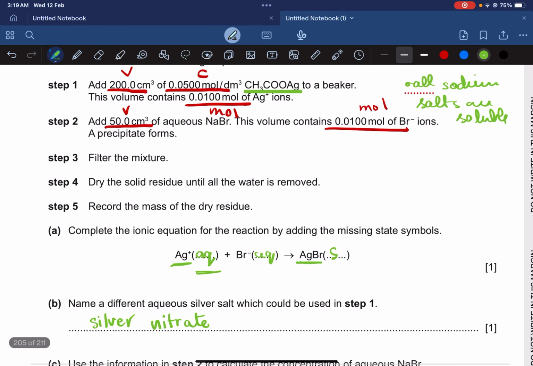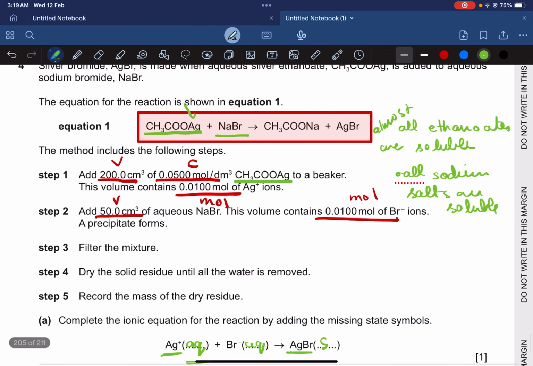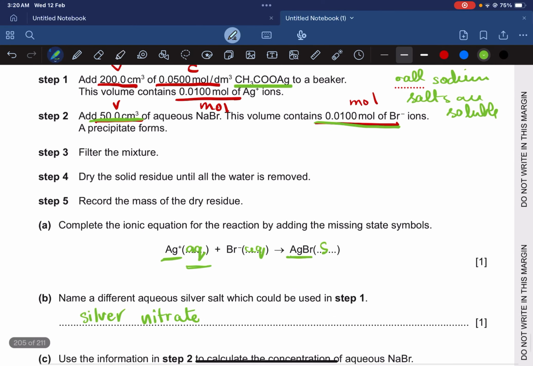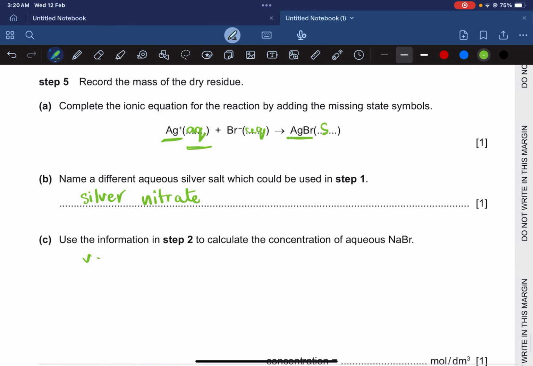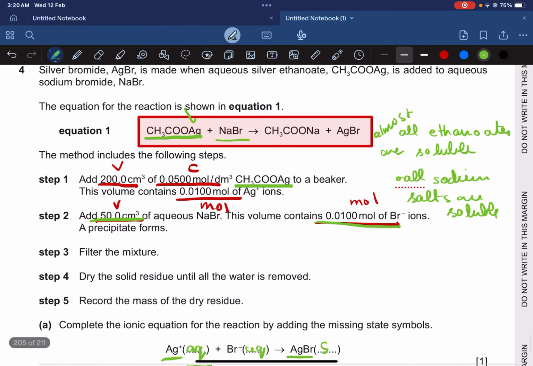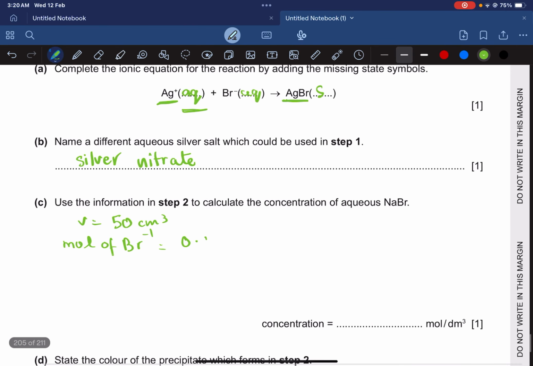Okay, step 2, this is the volume and these are the moles. I'm going to write the volume is 50 cm cube and the moles of Br negative is 0.01.